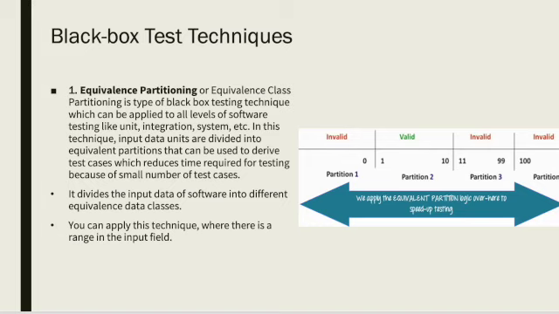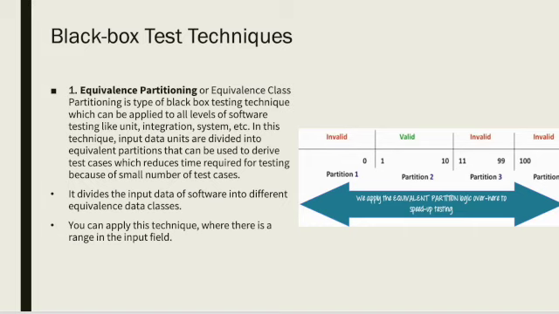They said the following password field accepts minimum 6 characters and maximum of 10 characters. That means results for values in partition 0 to 5, 6 to 10, 11 to 14 should be equivalent. That is what equivalent partition.